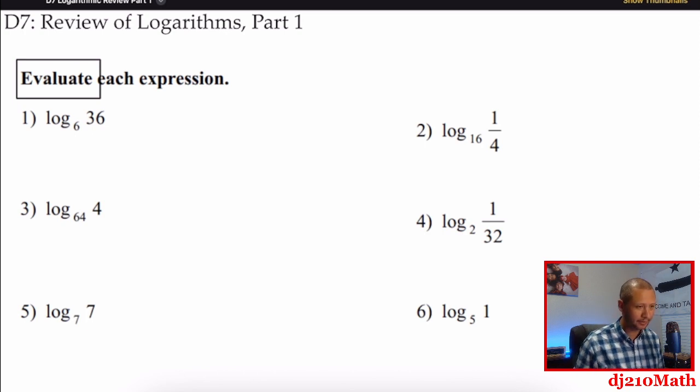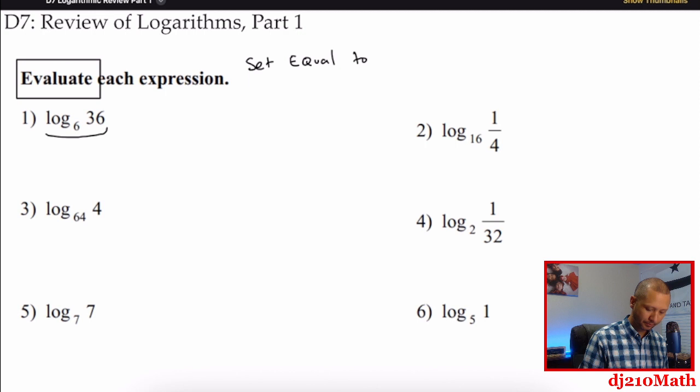It doesn't matter which variable, x, y, z, a, b, because at the end of the day this is just a number, and we've got to figure out what this number equals. So set it equal to a variable, then convert to an exponential. Those are our goals.